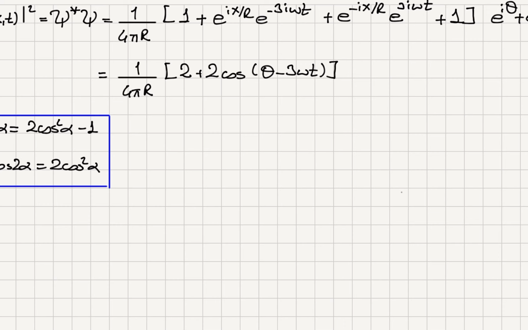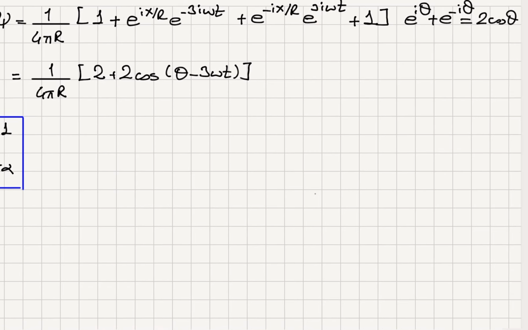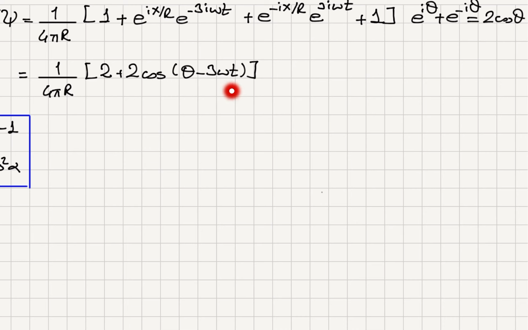This is e to the i theta, x over R is theta, remember, e to the i theta minus 3 omega t. This is e to the minus i theta, e to the plus 3i omega t. So we obtain this situation here. Therefore, this is 2 cosine theta.